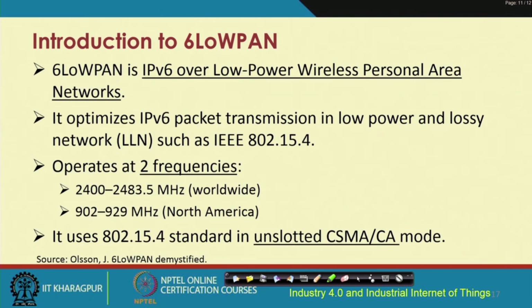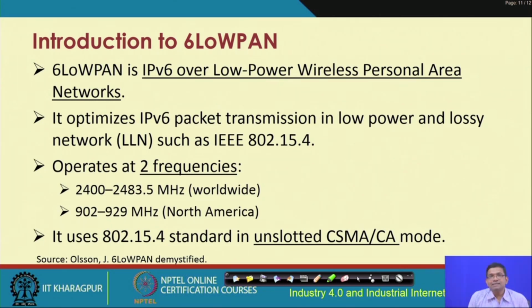So, 6LoWPAN is about the use of IPv6 over wireless personal area networks, like the ones that we talked about earlier in this lecture, not a local area network, but the wireless personal area network. IPv6 over low power wireless personal area networks is what is enabled using 6LoWPAN.